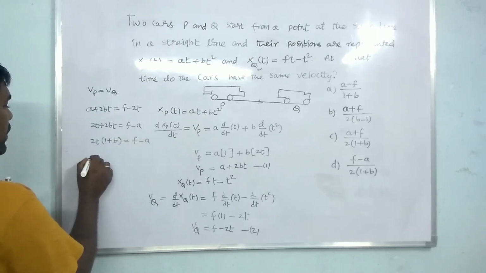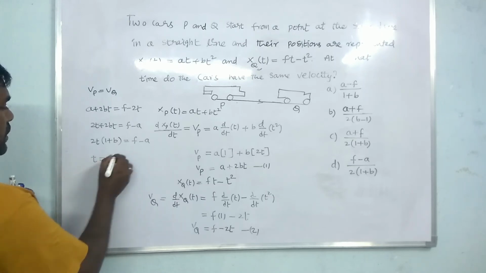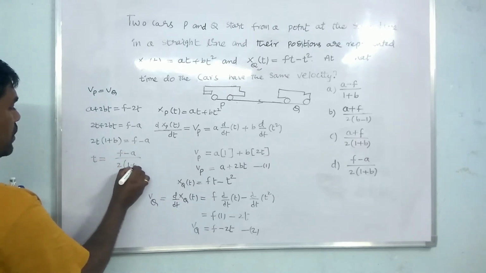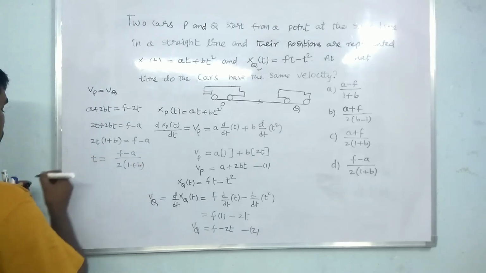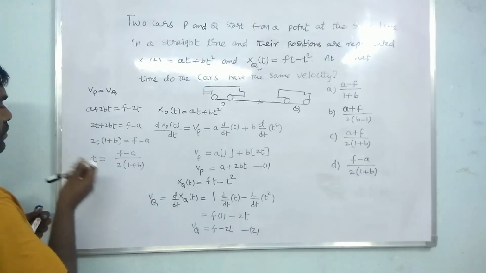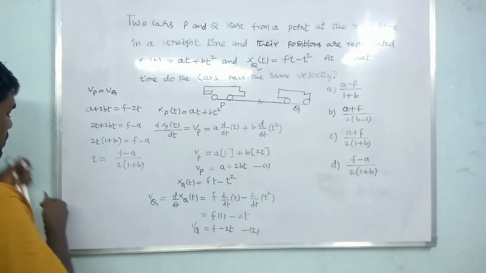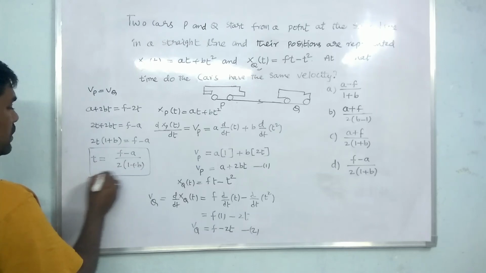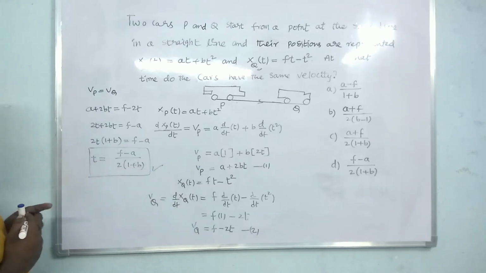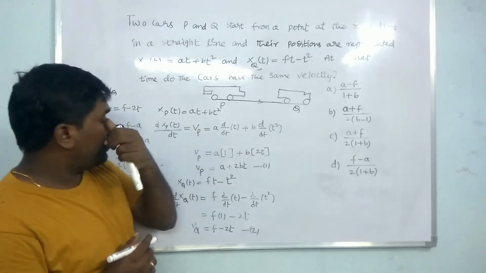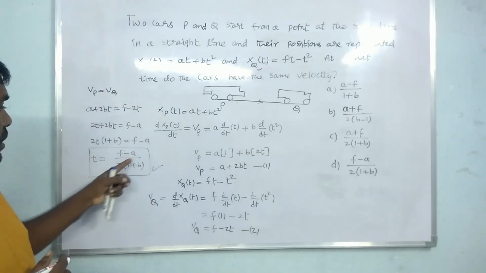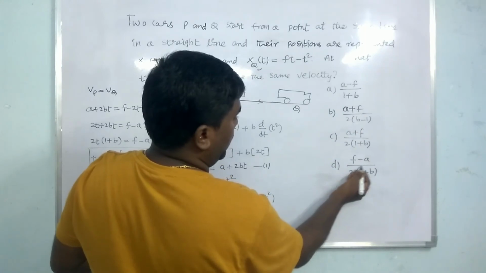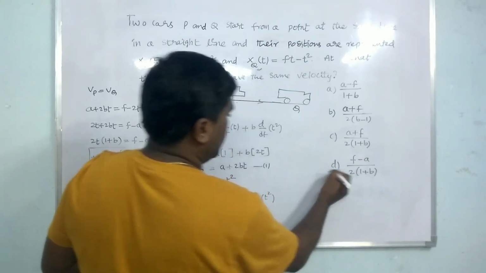Then t is (f minus a) by 2 times (1 plus b). This is the time when the velocities of the two cars are the same. The options include (f minus a) by 2(1 plus b), so the fourth option is the right answer.